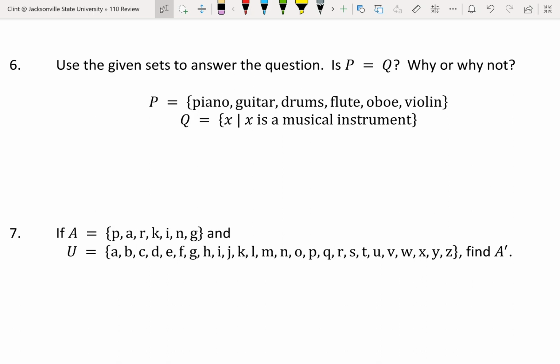So would these two be equal? I'm sorry. Yeah, we're on 6. So P's got piano, guitar, drums, flute, oboe, violin. No, because Q says it's the set of all x's such that x is a musical instrument, so which one's going to be a bigger set? Q is going to be bigger, right? Because there are other musical instruments other than just the 5 or 6 that are in P there.